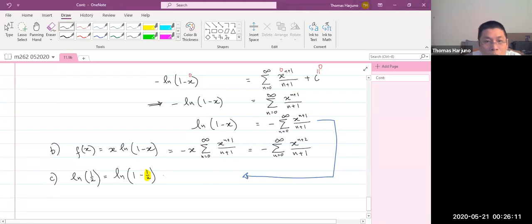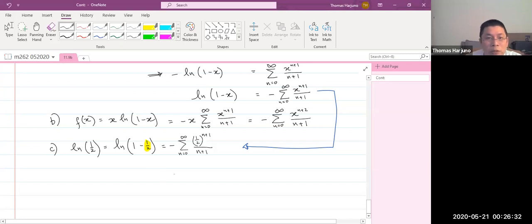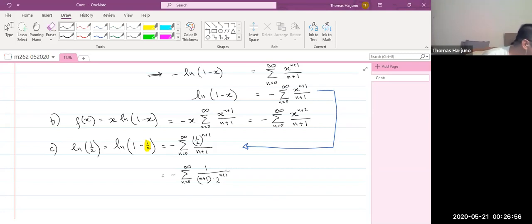So that will be equal to negative the series 1/2 to the n plus 1 over n plus 1, which is 1 over n plus 1 times 2 to the power of n plus 1. And the question is: express ln 2.